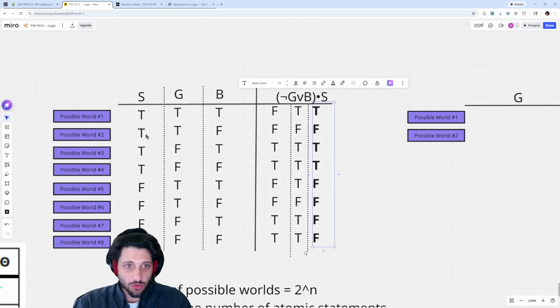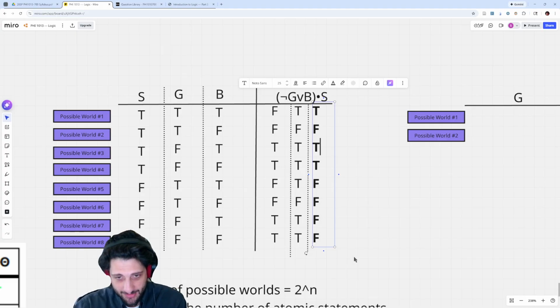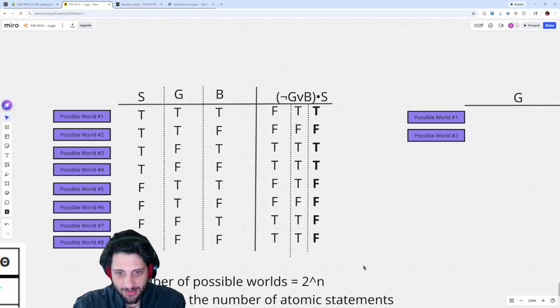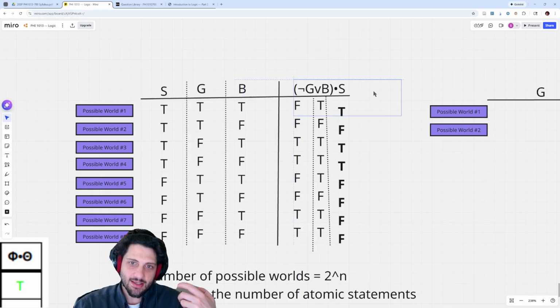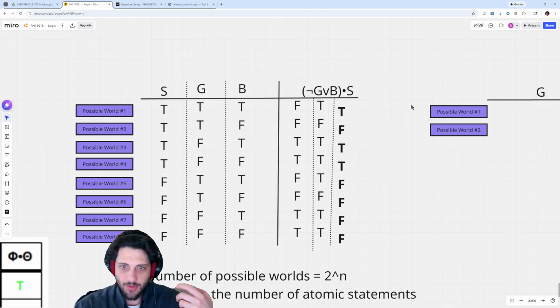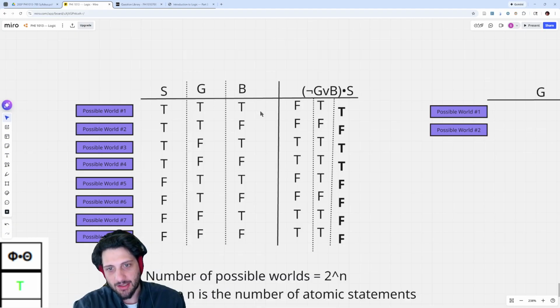It's not going to be true when S and G are true without B. I could keep going through all of these, but that wouldn't sound terribly interesting. The point is, this is showing us the sentence as a whole; its truth value depends on just those little pieces on the left-hand side.